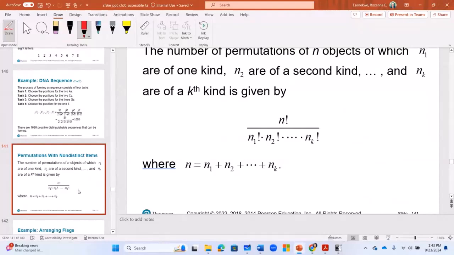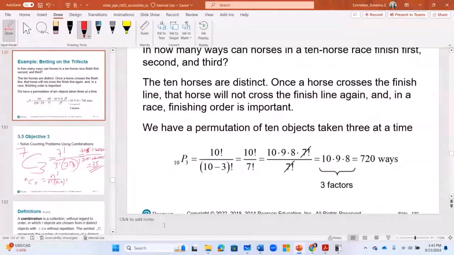That is the difference between combination and permutation. Well, let's go to permutation. I wonder why this is frozen. Let's finish this. We're almost done.